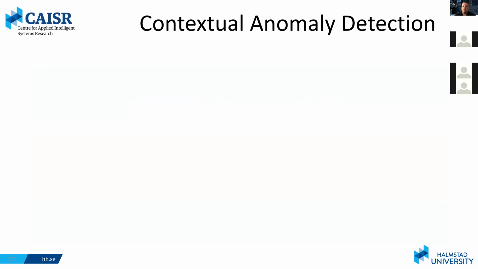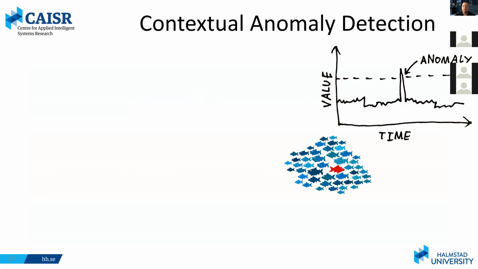Now, contextual anomaly detection is about when we try to identify the object which is surprising, which has this unusual behavior within some kind of behavioral attributes, but according to a specific context. So there is also this concept of contextual attributes.